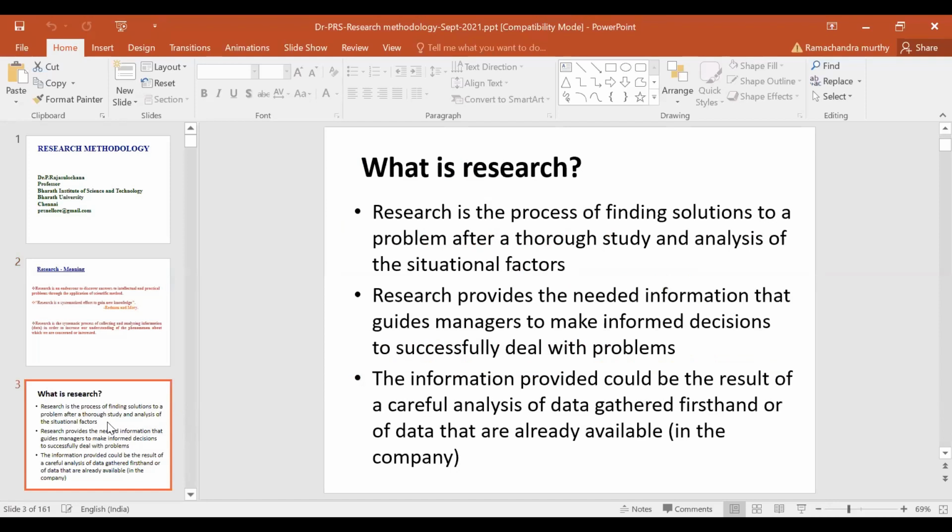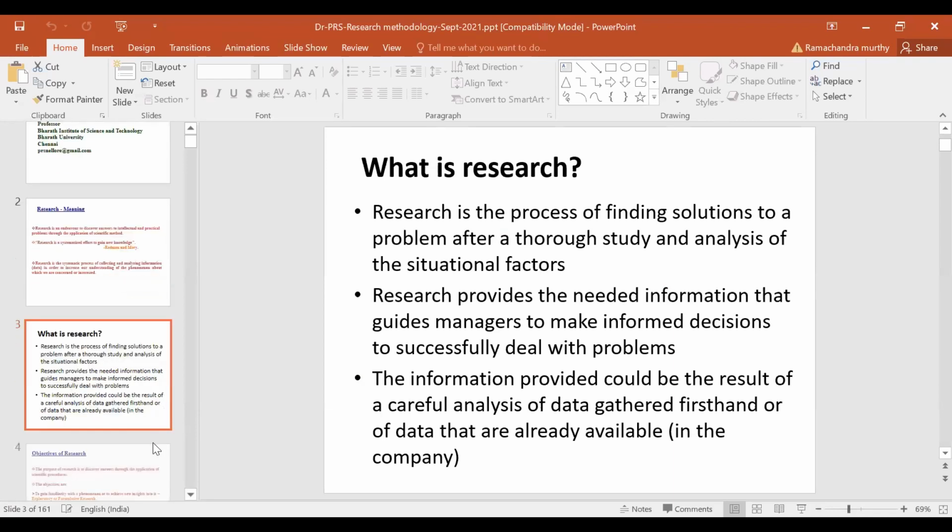Research is the process of finding solutions to a problem after a thorough study and analysis of the different factors. So there are various factors that influence research. It's not one. If you are seeing many factors, I'll tell each and everything about how they show the influences, because we used to see real-time scholars and how they are facing them.